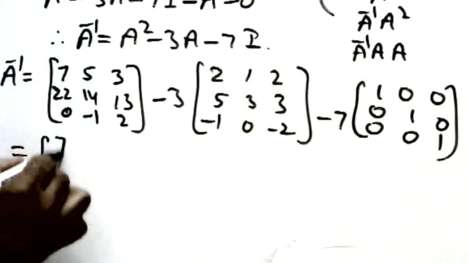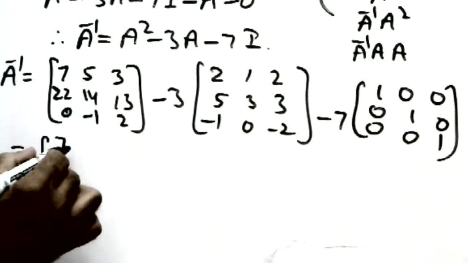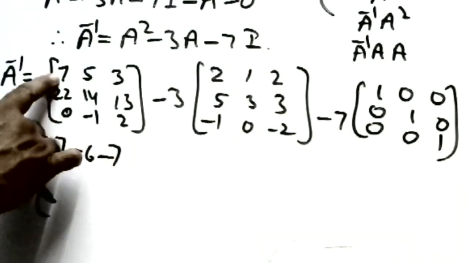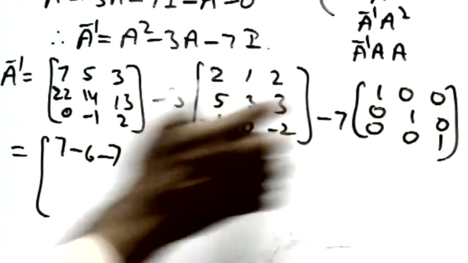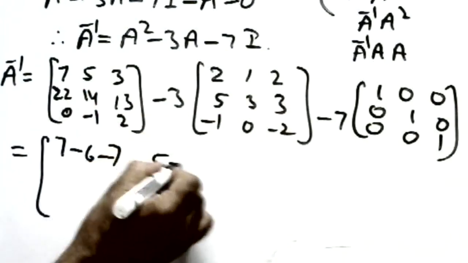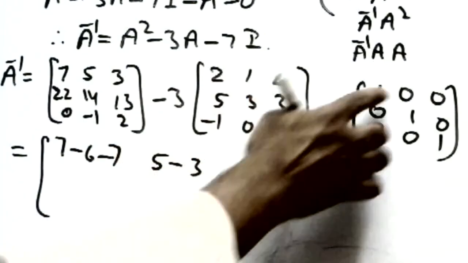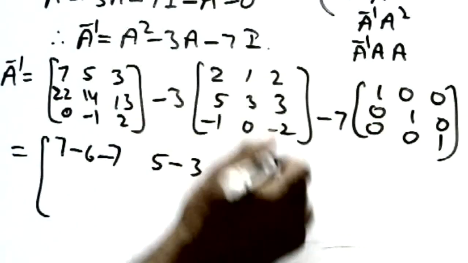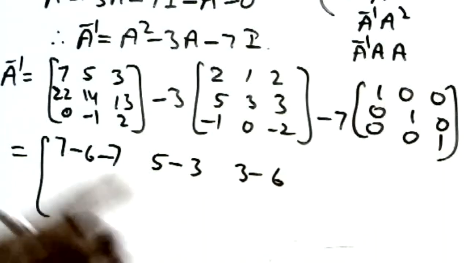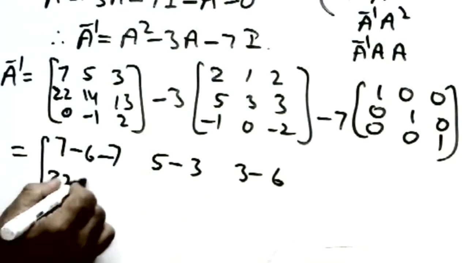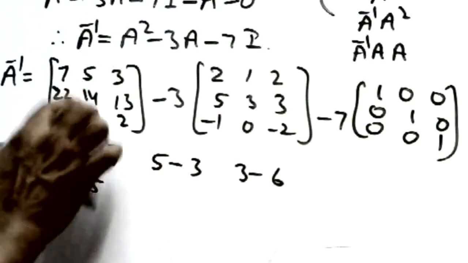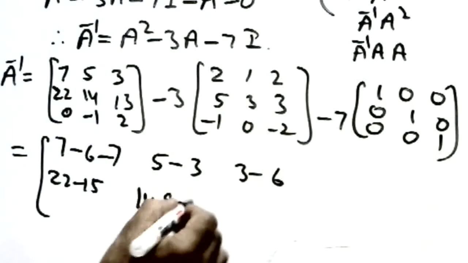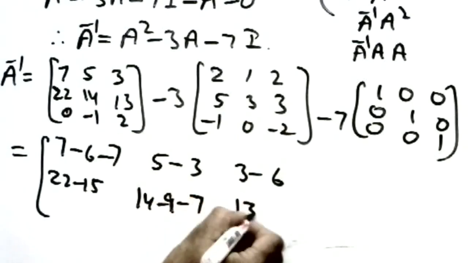So this is equal to 7 minus, plus minus 6 minus, plus minus 7. Watch carefully. Now the second terms: 5 minus 3 ones are 3, this is 0, no need to write 0. Now 3 minus 3 twos are 6, here it's 0. Now come here, 22 minus 3 fives are 15, 0 here. Now 14 minus 3 threes is 9, 3 threes are 9, minus 7 ones are 7.